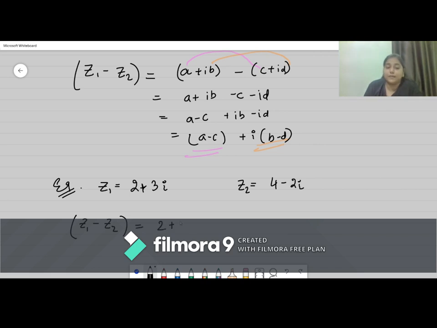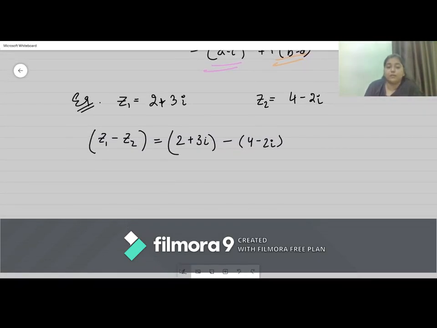z1 is 2 plus 3 iota, हमें पता है, और z2 क्या है, 4 minus 2 iota है. सिंपल स्टेप्स में जैसे हम नॉर्मल कैलकुलेशन करते हैं वैसे ही we'll open up the bracket, parenthesis, 2 plus 3 iota minus 4 plus 2 iota. ओके, लाइक टर्म्स को एक साथ लेकर आएंगे तो 2 minus 4 plus 3 iota plus 2 iota.